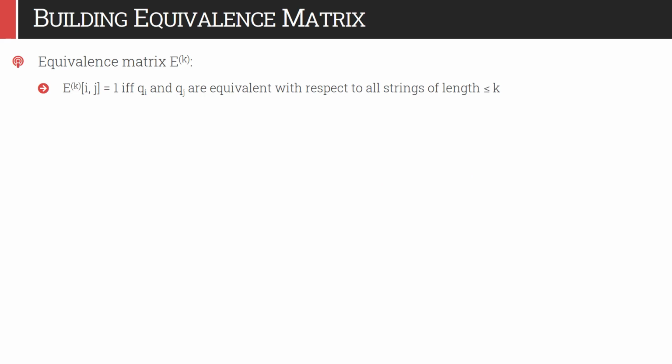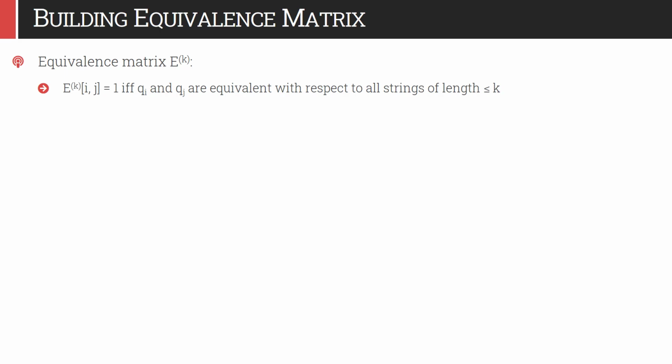For this method, we have to start with construction of the initial equivalence matrix, that is E of 0. In any equivalence matrix E of k of i comma j, we have to evaluate the equivalent states.